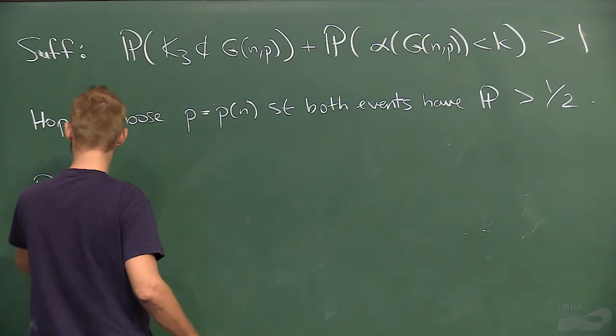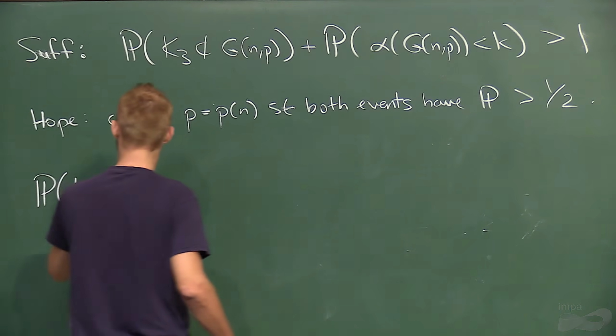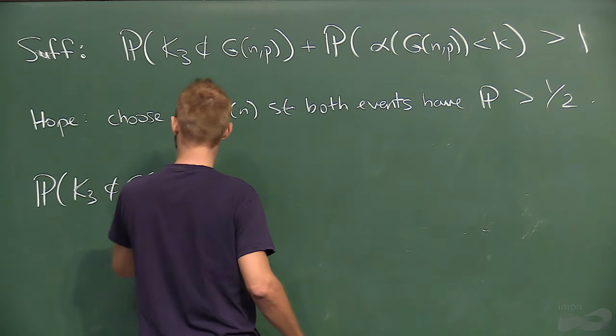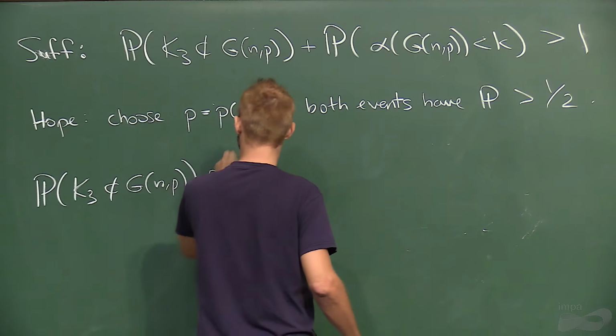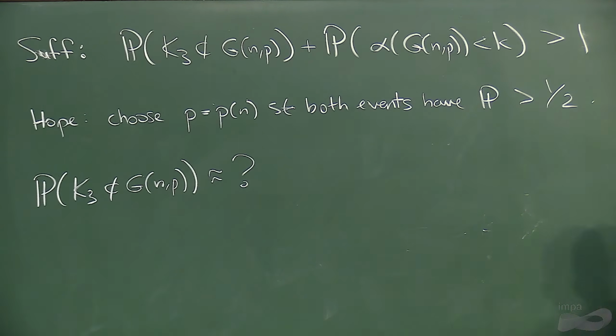How can we understand the probability that G(n,p) contains no triangle? We already saw on Monday that this sometimes is a very difficult question, depending on exactly how large p is and exactly what question you're asking. But we have our standard recipe, so let's follow it and see where it takes us.